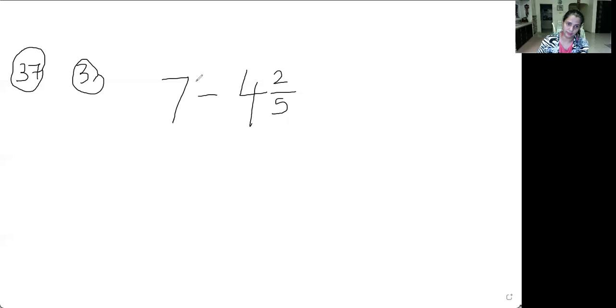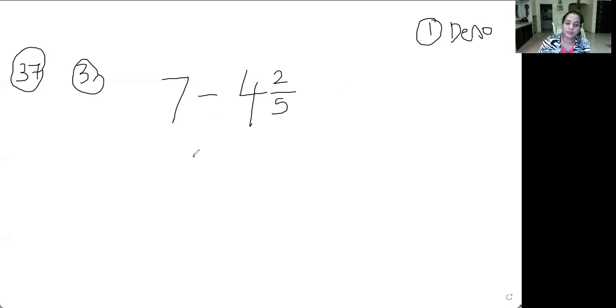First of all, I want to change my 7 so that I have something on the fractions part to take away this fractions part. Ideally, I should be looking into a common denominator before I minus a fraction, because the rule is that to add or minus a fraction, you must have the same denominator.